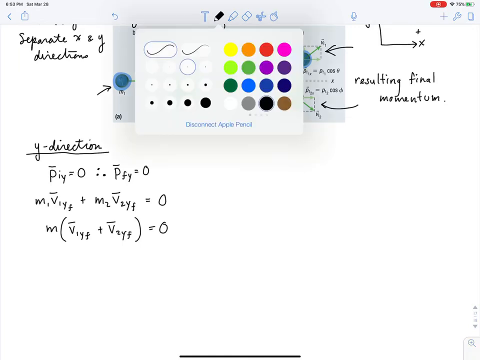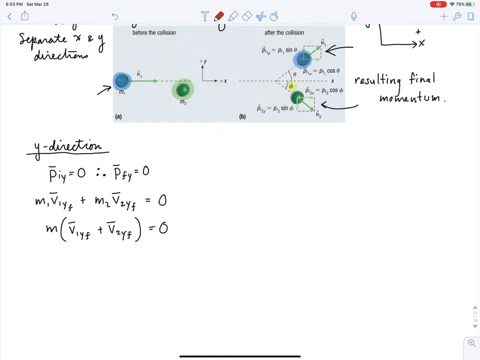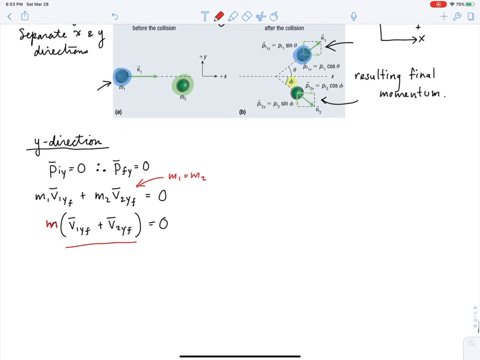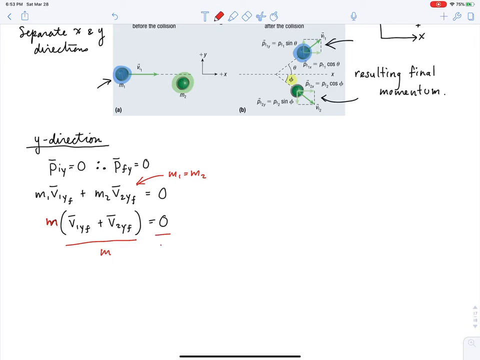Just as a reminder, we know that M1 and M2 are the same, and we will change this to M. Okay, let's divide both sides by M so that we can start solving this equation.